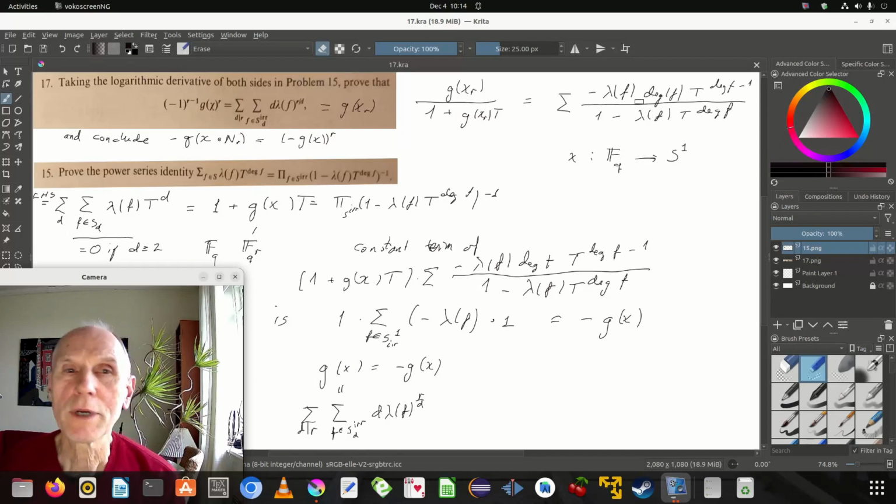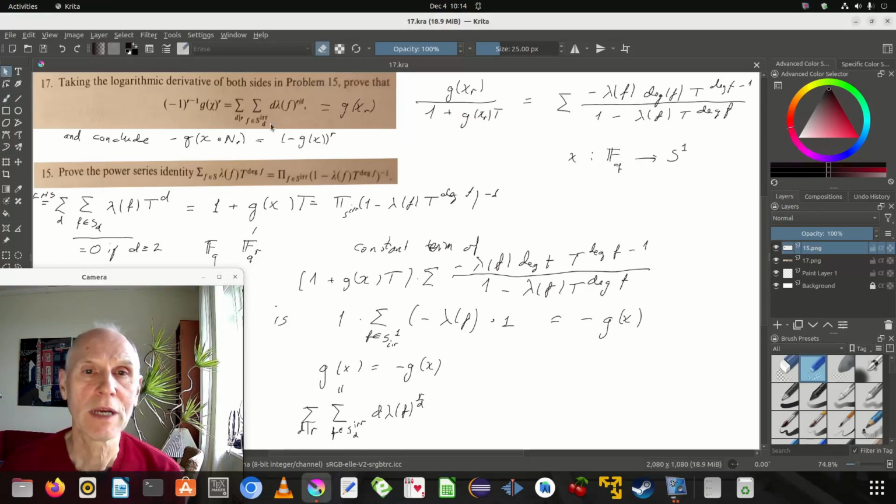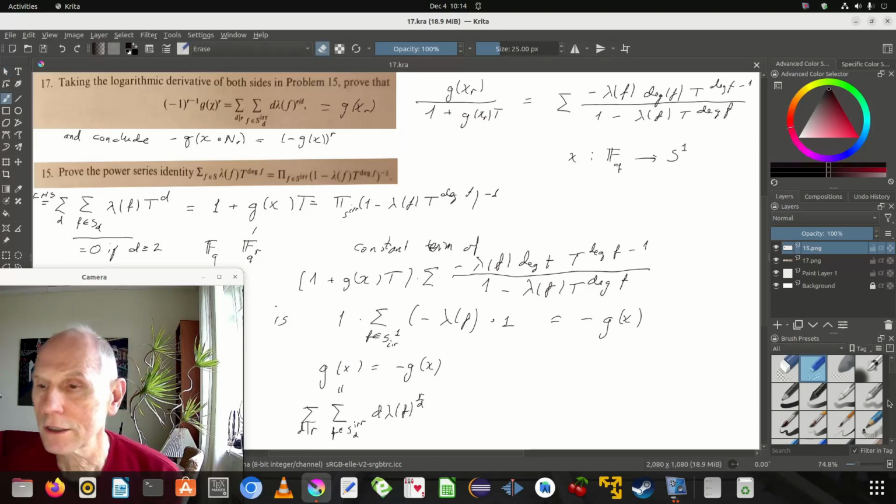Just very quickly, I found the sign error. We have minus 1 here and minus 1 here. Those two together gives plus. So we just remove this minus, and this minus.